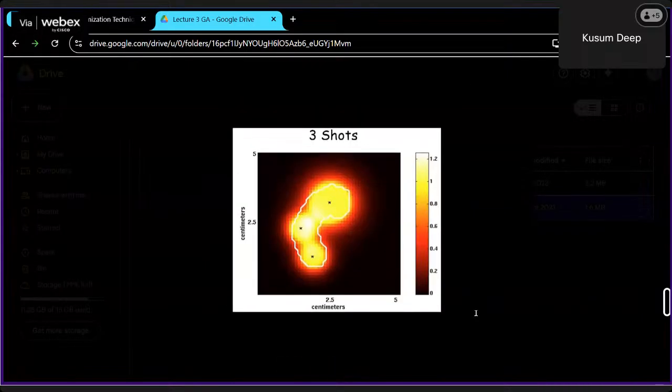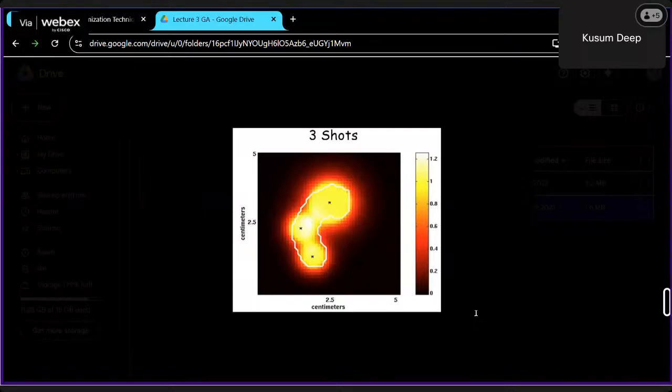You have to keep on applying shots 1, 2, 3, 4 like this, in such a manner that the number of shots should also be minimized, because every time you are applying a shot, you are subjecting the patient to some kind of risk. So this turns out to be a mixed integer programming problem.